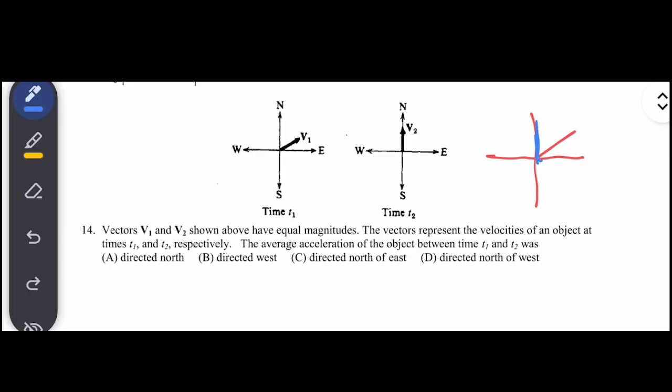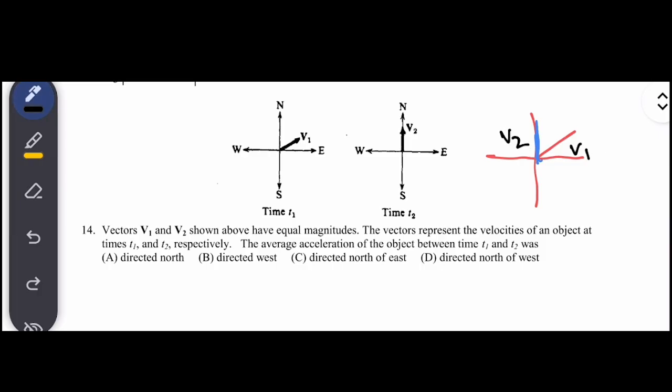And a reminder that it says right here that they have equal magnitudes, meaning that this is working in this case. Since they have equal magnitudes, that means that they're going to cancel out certain components, which is why we can do this. So now that we know that they have equal magnitudes, we want to know how do we get from v1 to v2.